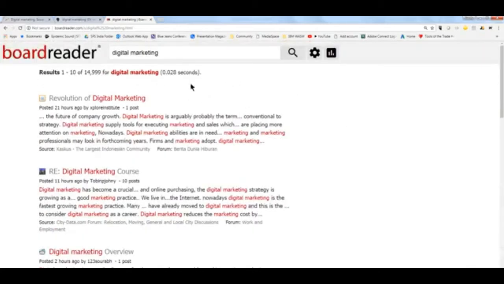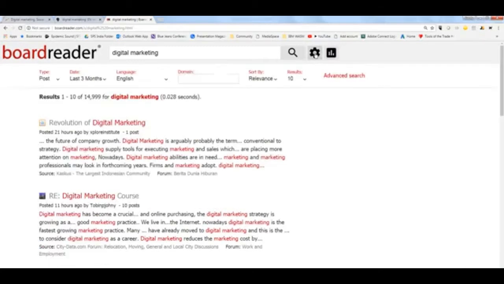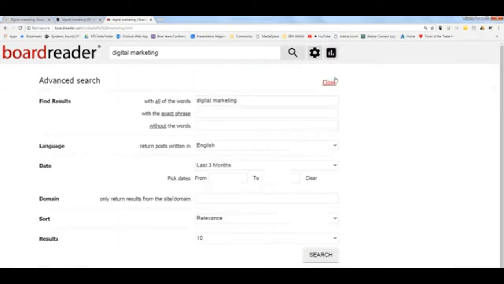And so I can use this to refine in on what the volumes are for a given term. I can also do advanced search, which is just like the training I showed you. It's with all the words, with the exact phrase, without the words, in a specific language, over a specific time period, in a specific set of domains.